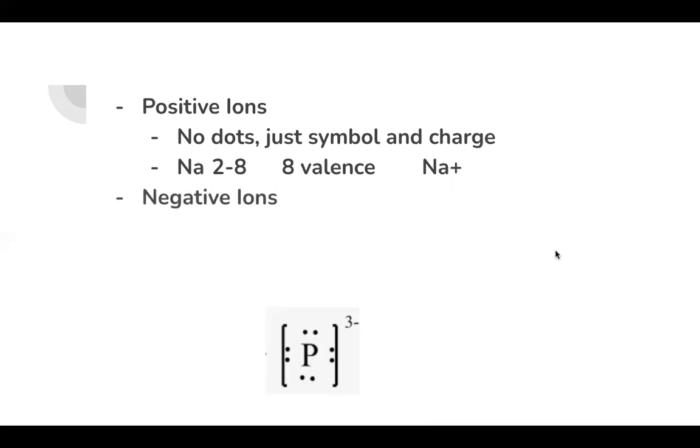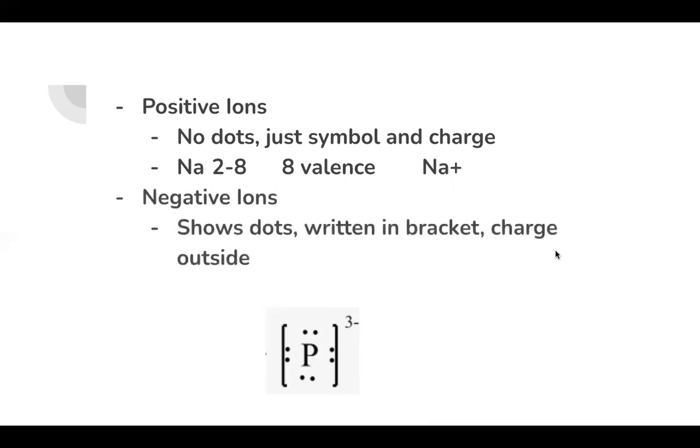Negative ions, we do have to show the dots. In general, and this is not a hard and fast rule, but it is the way that this book and these resources write most of theirs, so we're just going to go with it. We put our dots representing that octet of electrons that have formed now that we've gained, and then we place that in brackets.